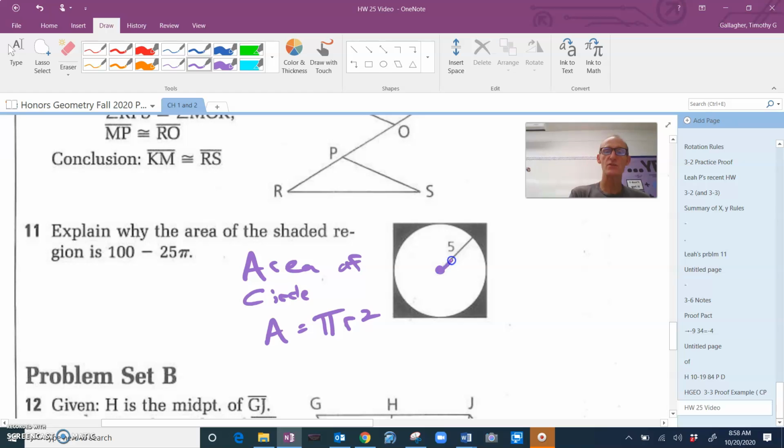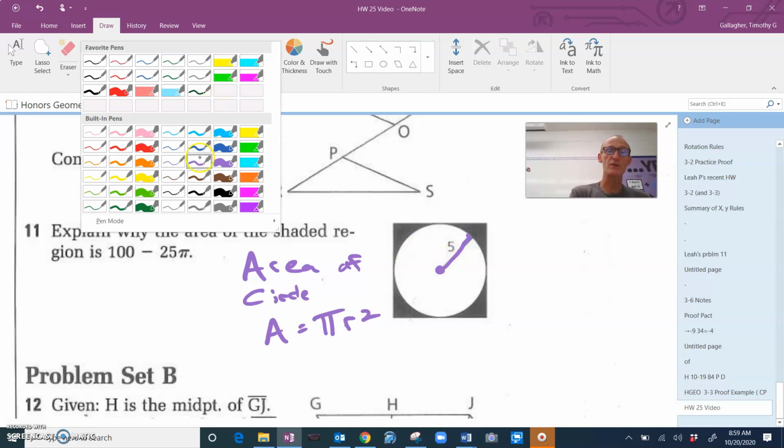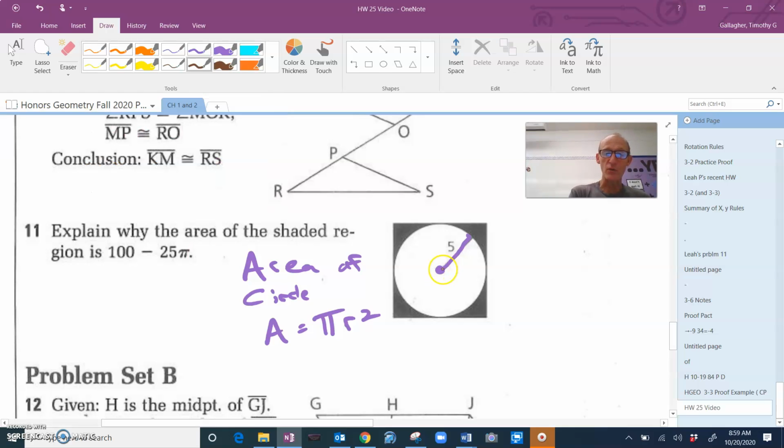And the radius of this circle is 5. Now, the tricky part is this. Check it out. The radius is 5 here. And this radius is 5 here. So that makes this the square length 10.